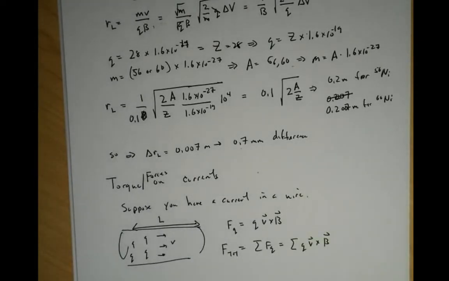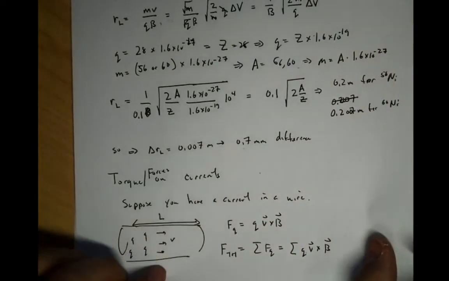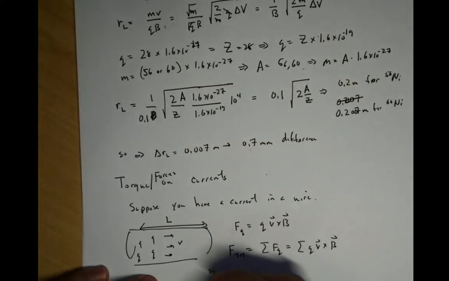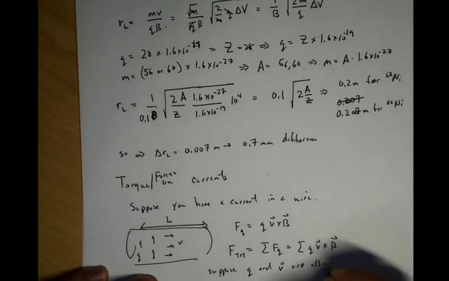Now let's keep it simple. Suppose they're all moving at the same speed, so Q and V are all the same.